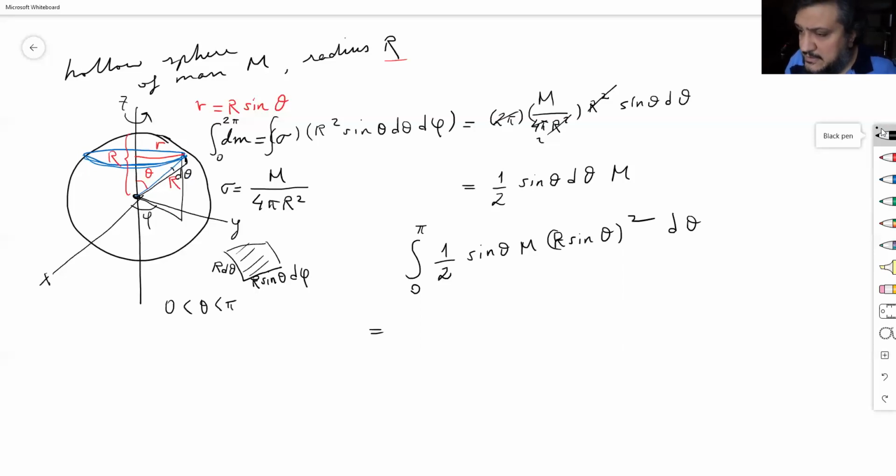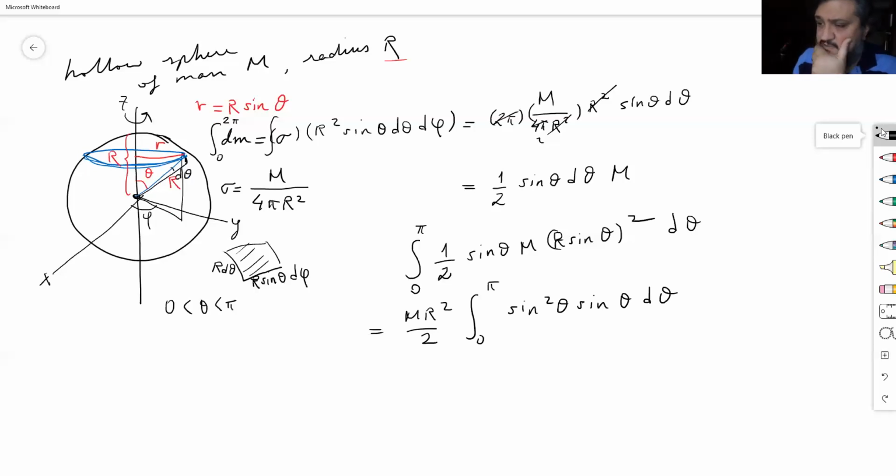So the integrand is sine cubed theta. Here I have m r squared over 2 the integral of sine cubed theta d theta, which is sine squared times sine theta d theta.